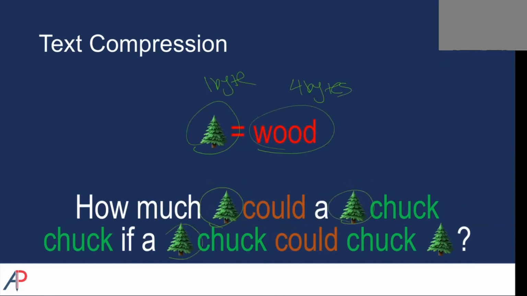We have 4 of these, so we have 4 bytes versus 4 times 4, which is 16 bytes that we had before, because each wood, W-O-O-D, is 4 bytes. We have 4 different substitutions that took place. So we've thrown out 16 bytes and instead substituted it with 4 bytes in total, 1 byte for each substitution that we had.